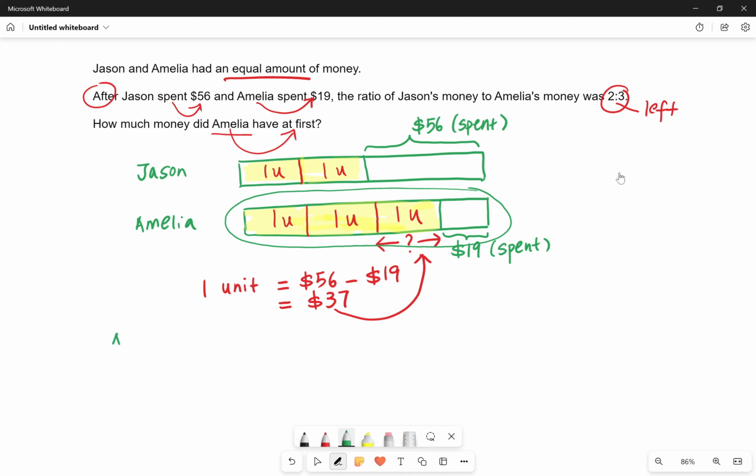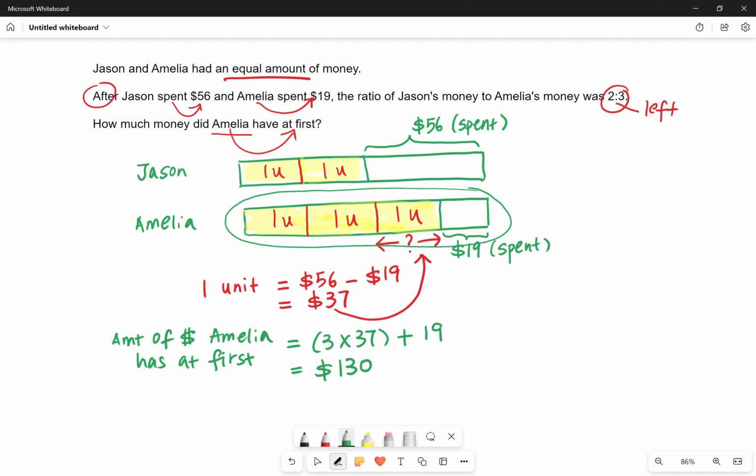Therefore, the amount of money Amelia has at first will be equal to 3 units times $37, which is the amount for 1 unit, plus the $19 that she had spent earlier, and this will bring us to a total of $130, which is the amount of money that Amelia had at first. This is the model approach to solving this question.